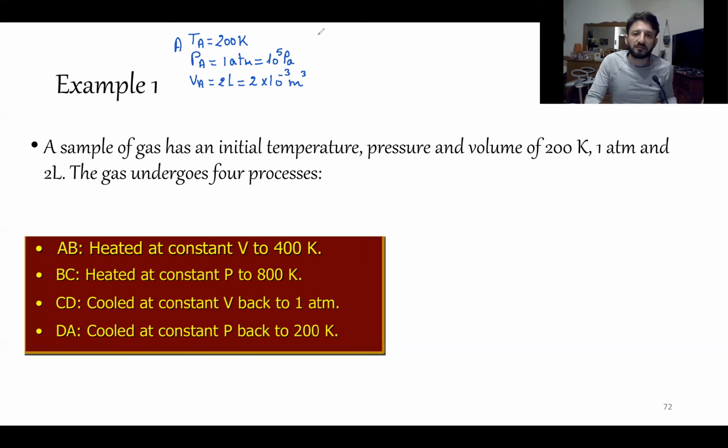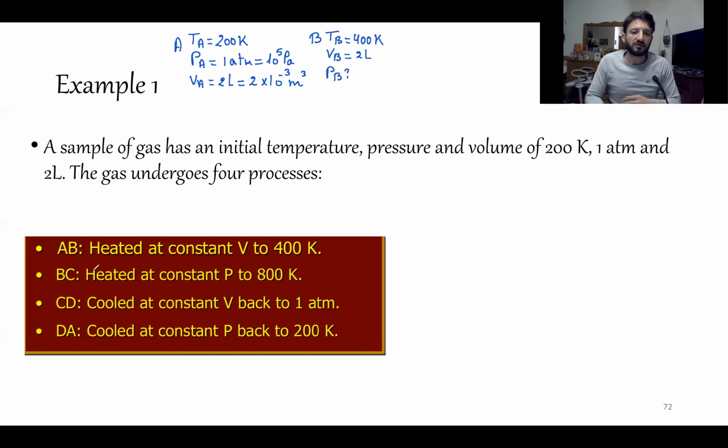So we can put the values of B, where TB equals 400 Kelvin, and we have the same volume as A, or at a constant volume. So VB equals VA equals 2 L. And I don't have the value of PB.